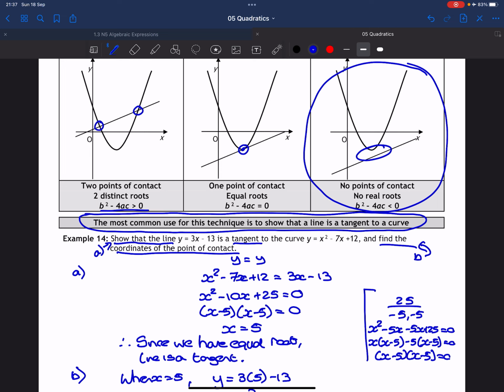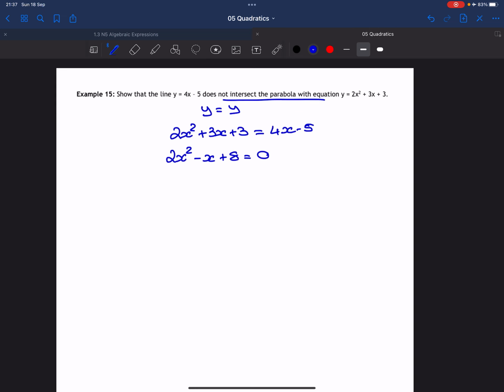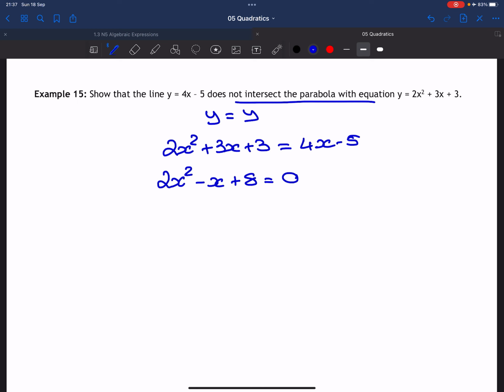So it's really about looking at the question and picking out the keywords. The keyword about not intersecting is our clue to use the discriminant. Even if I try to factorise that, it won't factorise. So let's pick out the values of a, b, and c: a is equal to 2, b is equal to minus 1, and c is equal to 8.